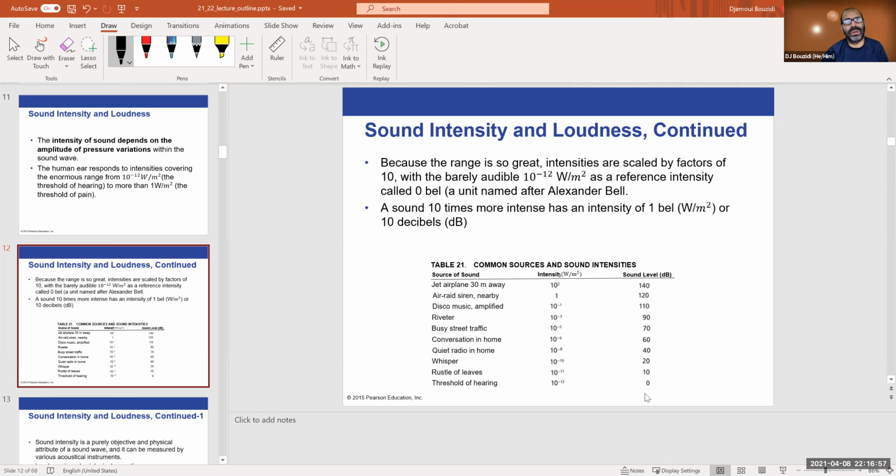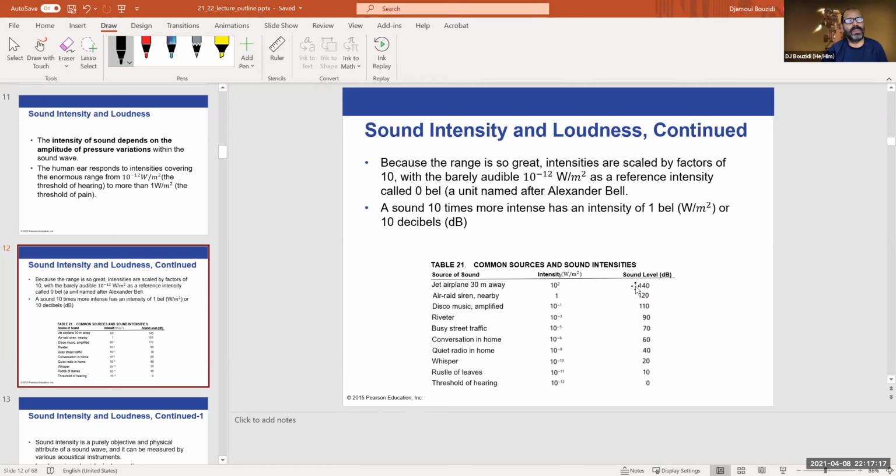If you don't include the 10, it's 0, 1, 2, 3, 4, all the way to 14. So when you jumped from 60 to 70, you went up only by a power of 10. That's the usefulness of the 10 here: it gives you exactly how many powers of 10. But it's a useful scale. From 0 to 140, you have an idea.